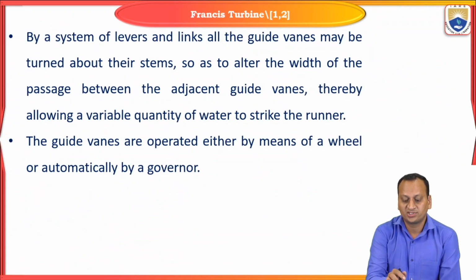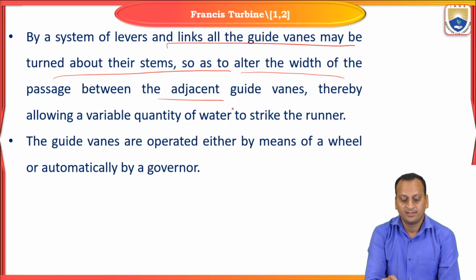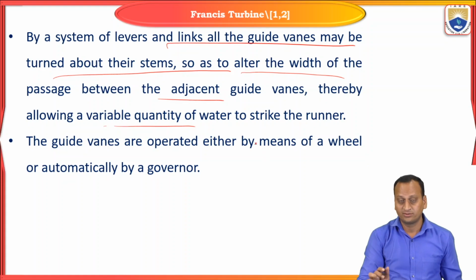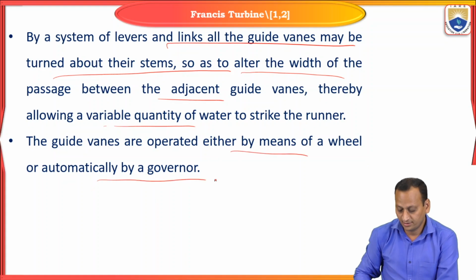By a system of levers and links, all the guide vanes may be turned about their stems so as to alter the width of the passage between adjacent guide vanes, thereby allowing a variable quantity of flow according to the requirement from outside. The guide vanes are operated either by means of a wheel or automatically by a governor.